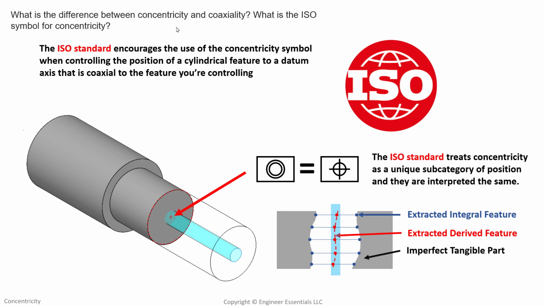But if you're trying to control the position of an axis and that axis of your feature is not necessarily coaxial or concentric to your datum, then go ahead and use the position symbol. Now that we got that out of the way, let's talk about the concentricity and coaxiality symbol as far as ISO is concerned.